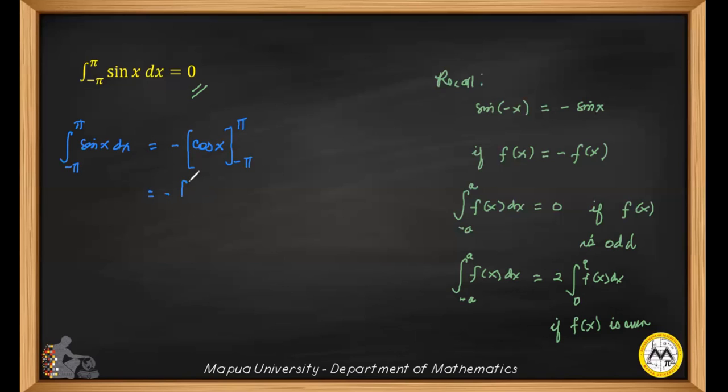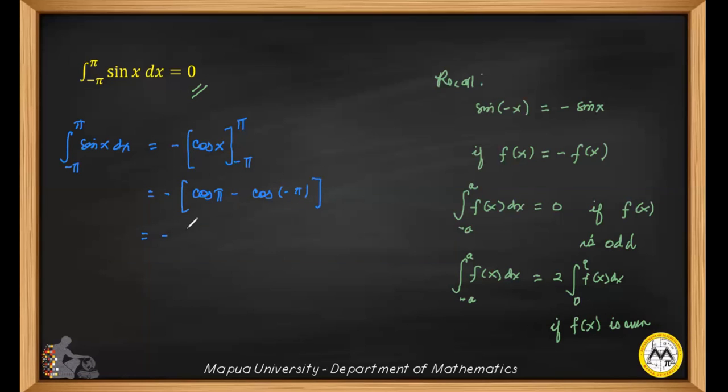So minus, cosine of x when x is the upper limit pi is cosine of pi, minus cosine of x at the lower limit negative pi is cosine of negative pi.